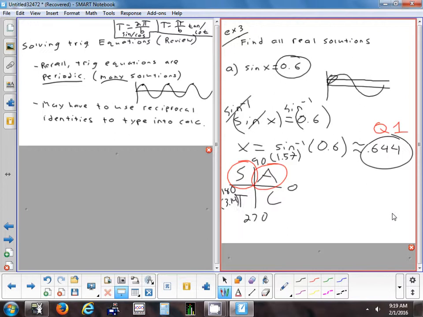So I'll put the decimal just in case you need that. Now you have the degrees and the radians for both. And 0 radians and 0 degrees, it's the same thing.